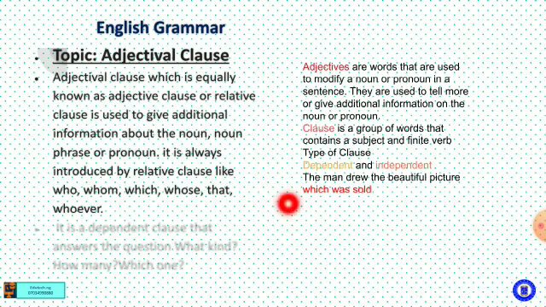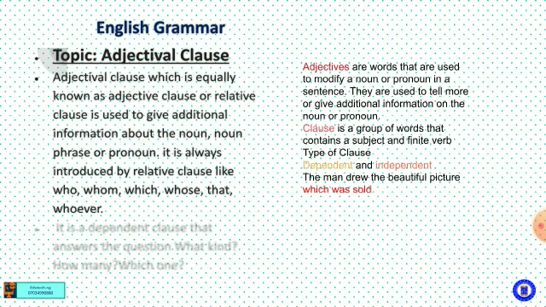So their work is to give additional information to the noun phrase or pronoun in a sentence, and they basically begin with a relative word like who, whom, which, whose, that, and whoever. We don't use them for all kinds of subjects. When we talk of human beings, we use who.